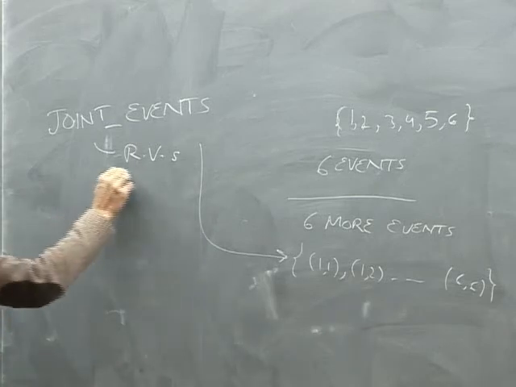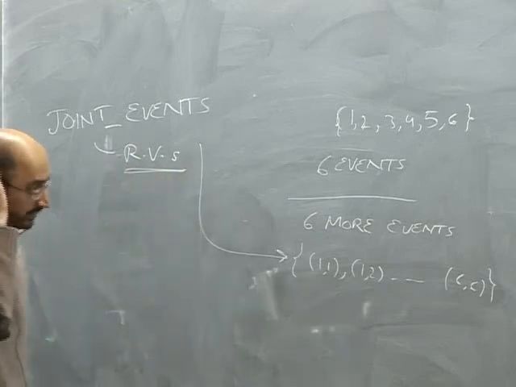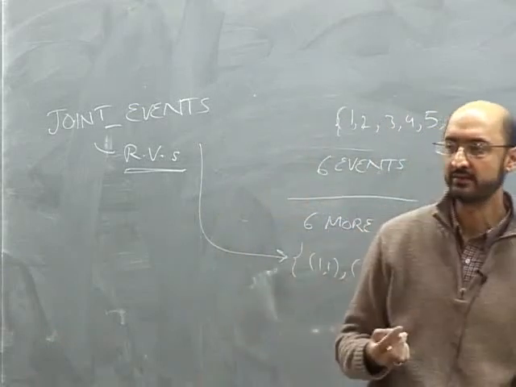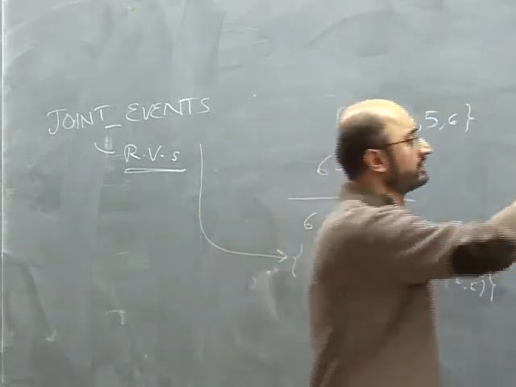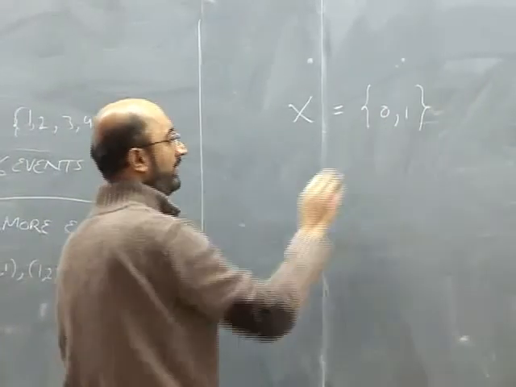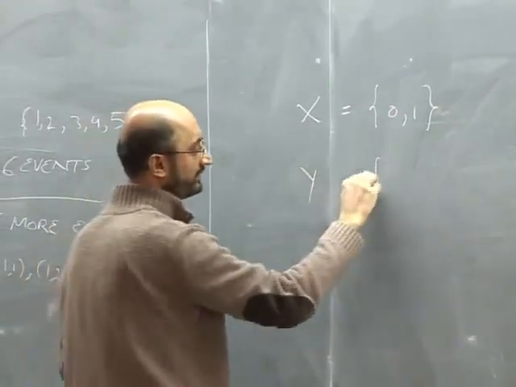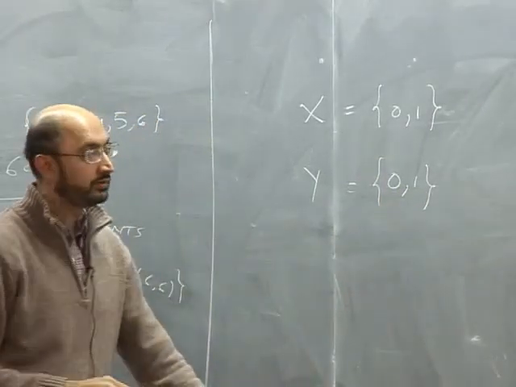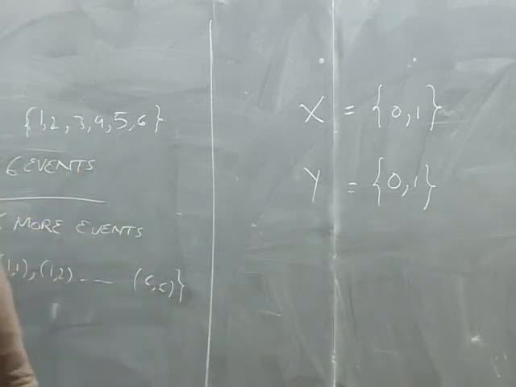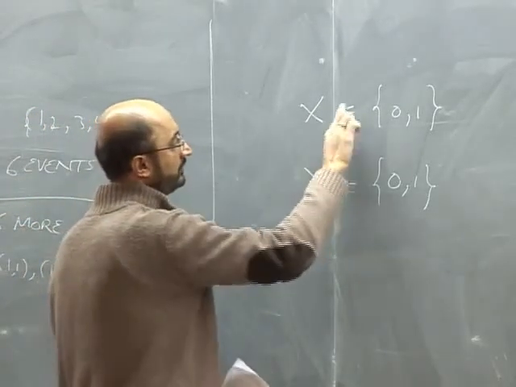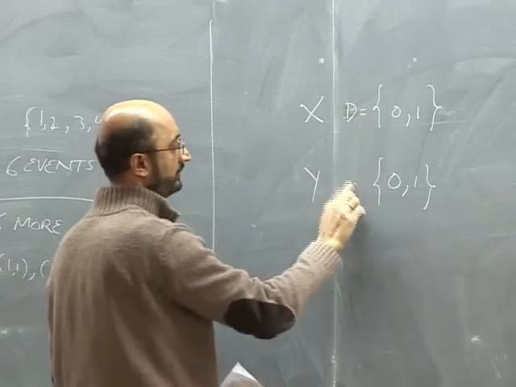Now, what about random variables? Let's say I have a discrete random variable X, which has its domain {0, 1}. And we have another random variable Y, which has its domain {0, 1} as well.